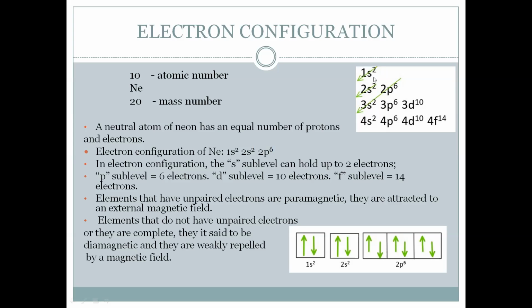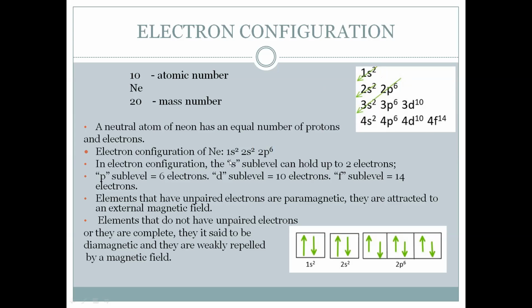For example, the S sublevel can hold up to 2 electrons, the P sublevel can hold 6 electrons, the D can hold up to 10 electrons, and the F sublevel can hold up to 14 electrons. Okay, so we are going to first start with the lowest sublevel, which is 1s squared.